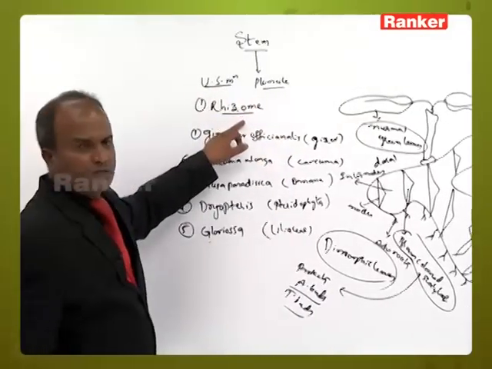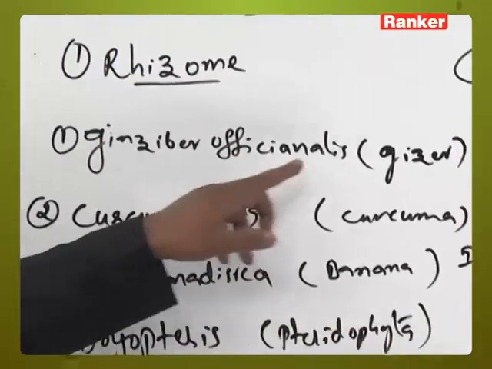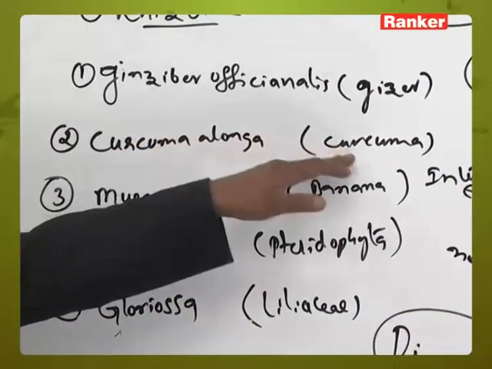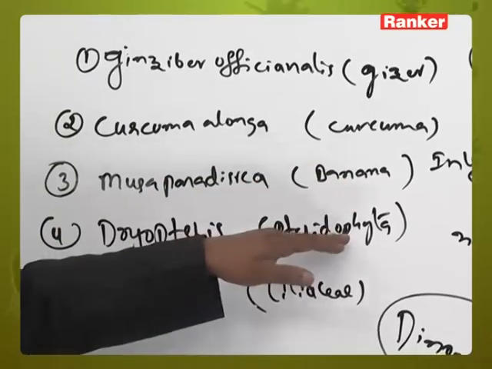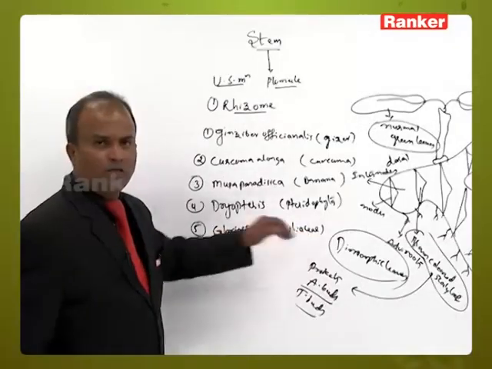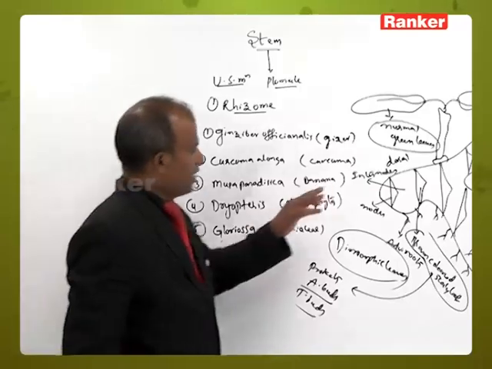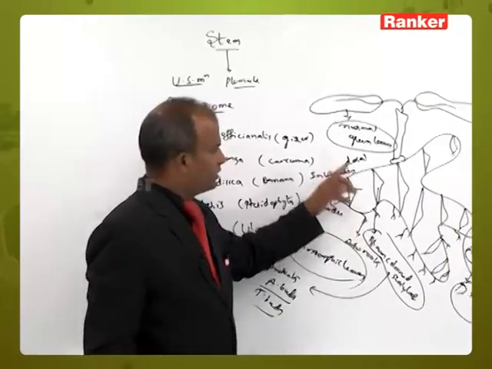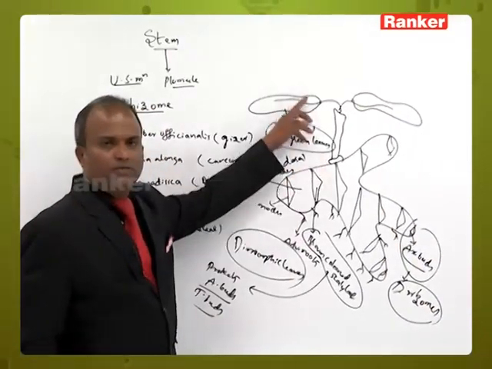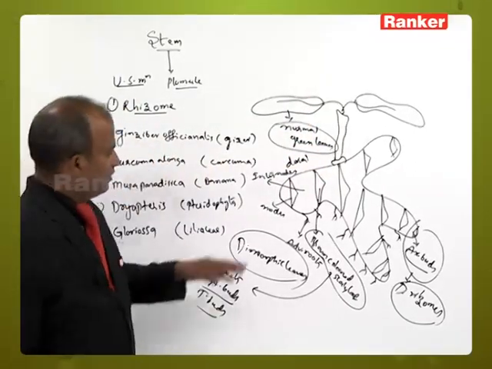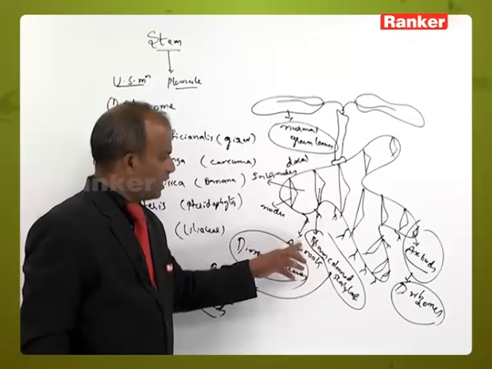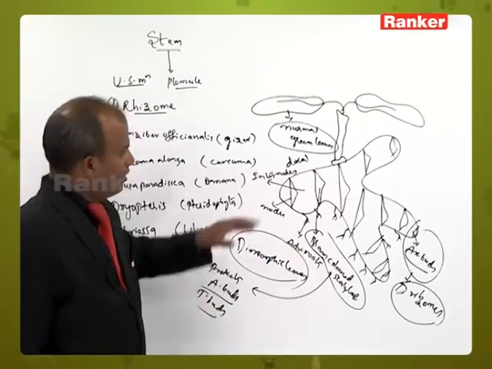Once again I will explain here. Underground stem modification: rhizome. Examples: Zingiber officinale, ginger; Curcuma longa, turmeric; Musa paradisiaca, banana; Dryopteris, Pteridophyta; Gloriosa, Liliaceae family. It is dorsiventrally differentiated. On the dorsal side, the terminal bud gives rise to an aerial shoot which shows normal aerial green leaves, whereas from the ventral side adventitious roots develop.